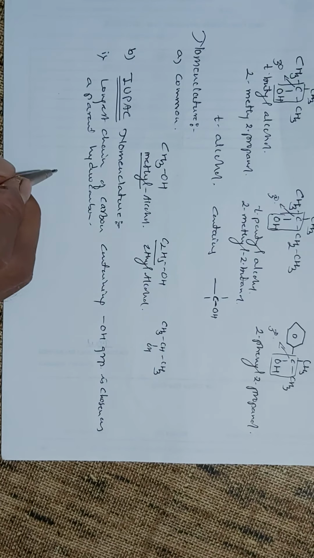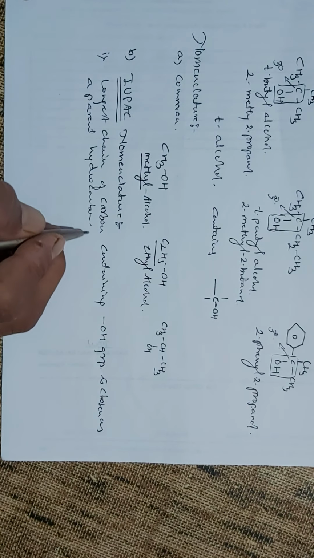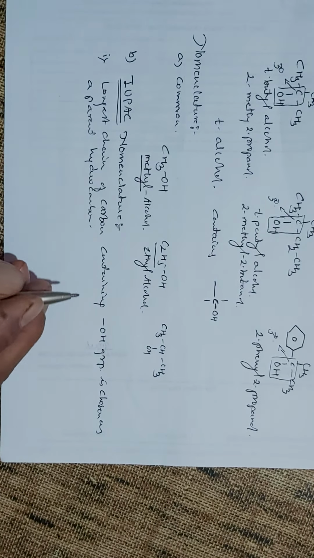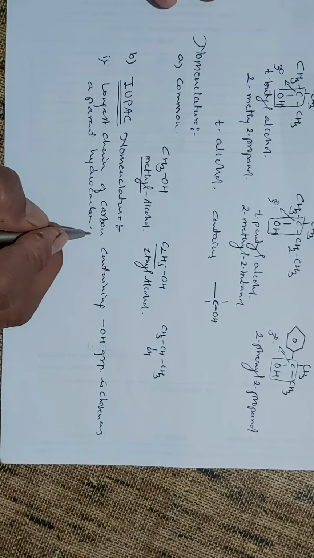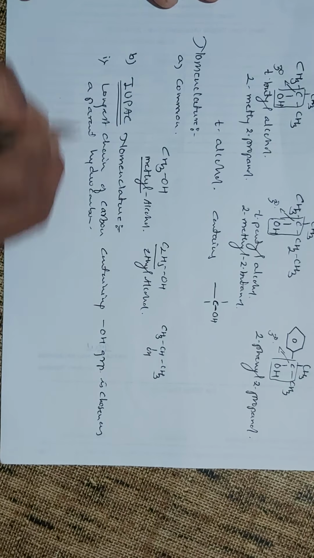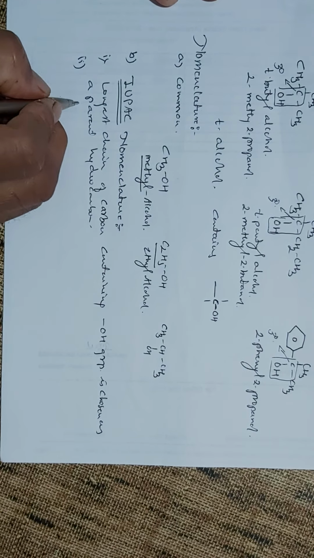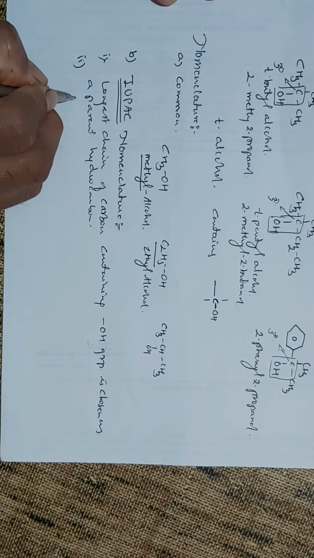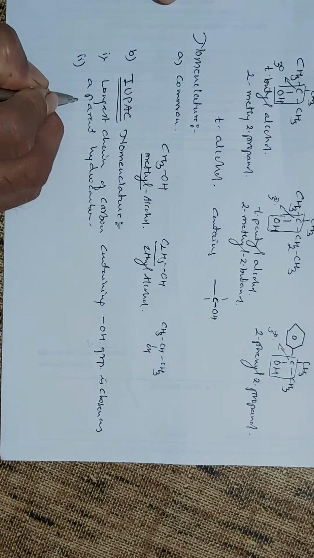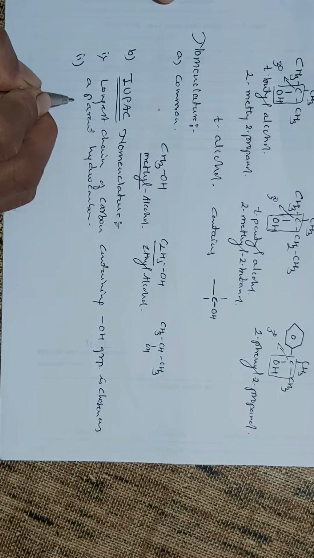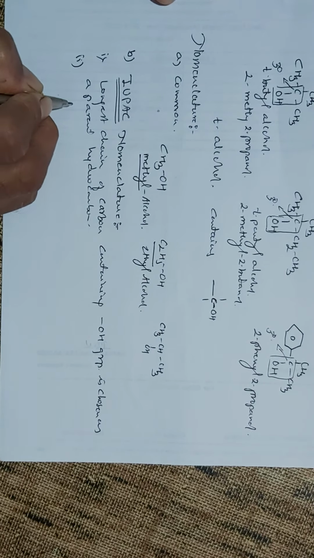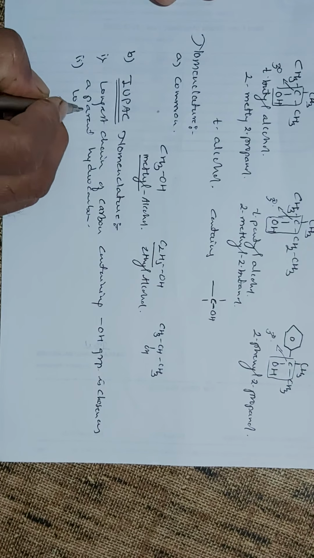The second rule: wherever the OH group is attached, start numbering from that side of the chain where the hydroxy group will get the lowest possible number. Start numbering from that side from where the OH group gets the lowest possible number.